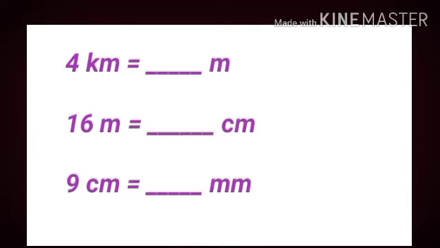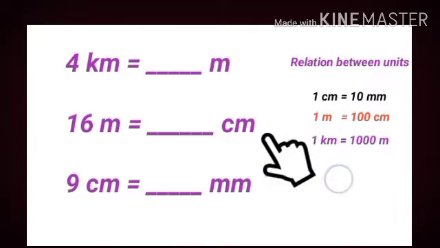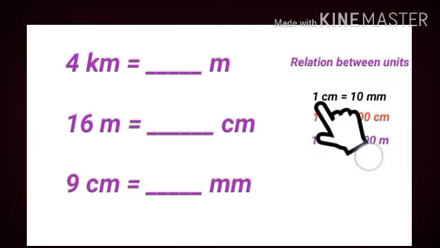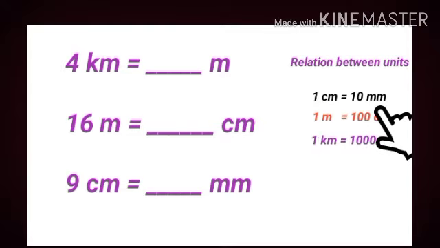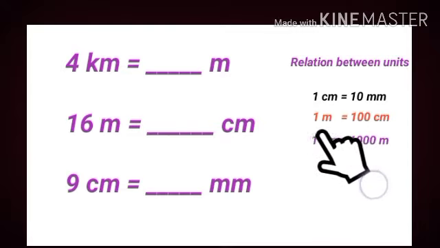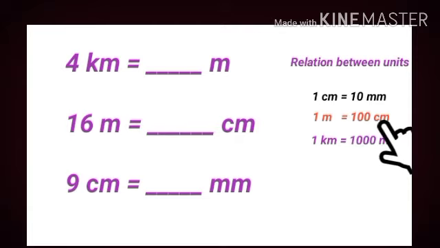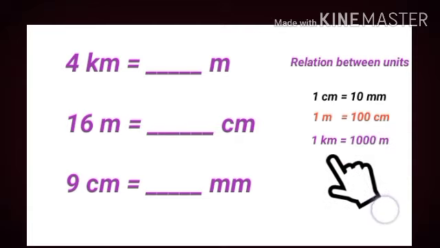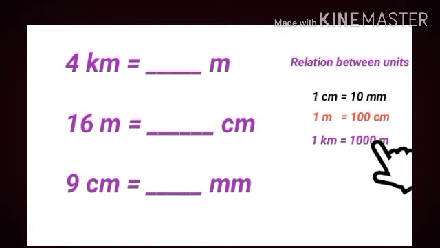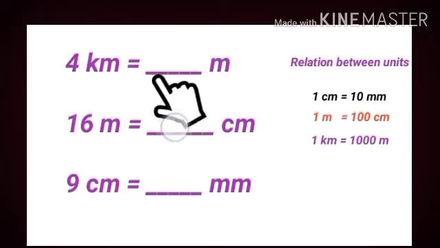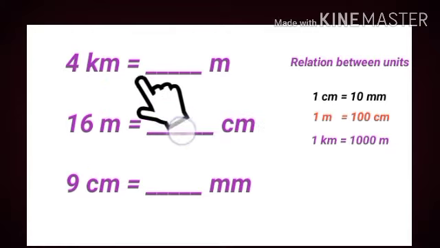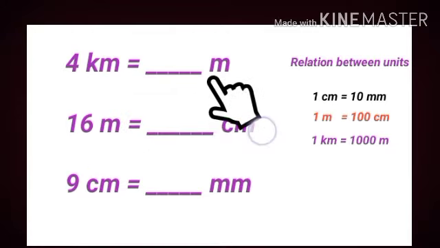Just remember it. 1 centimeter is equal to 10 millimeter. 1 meter is equal to 100 centimeter. 1 kilometer is equal to 1000 meter.